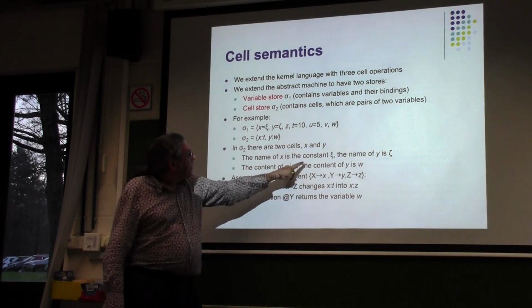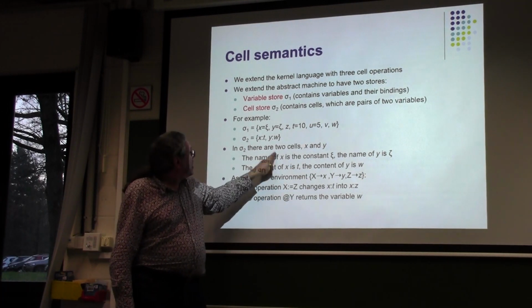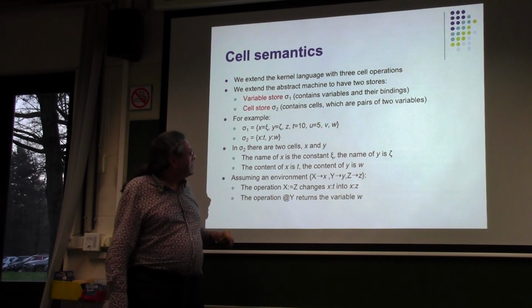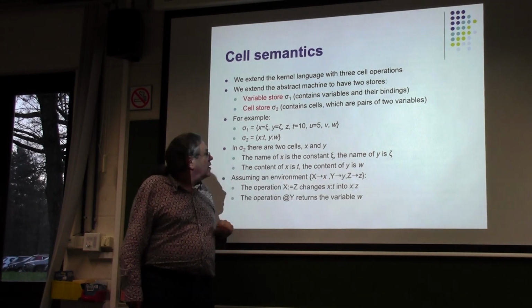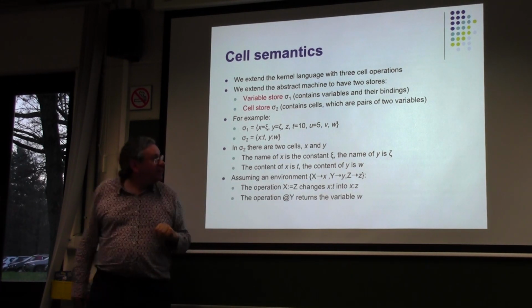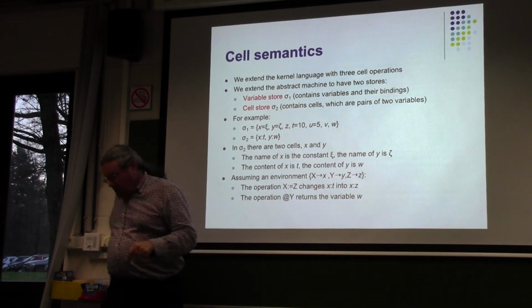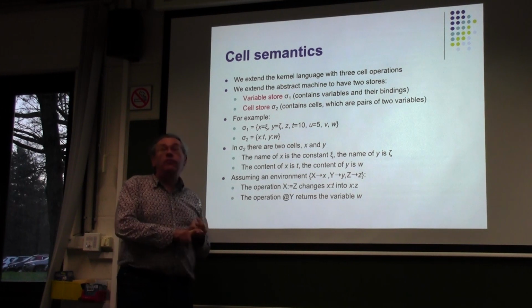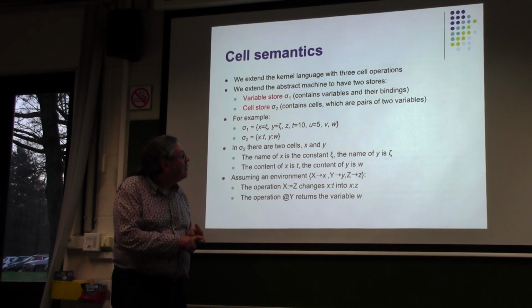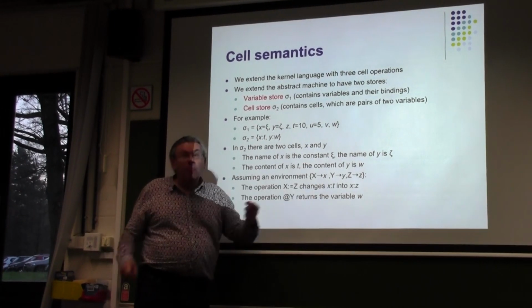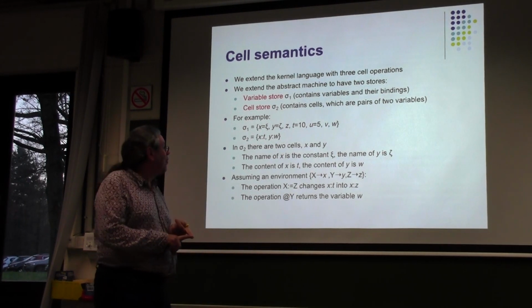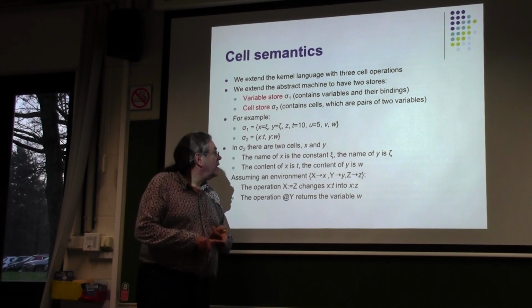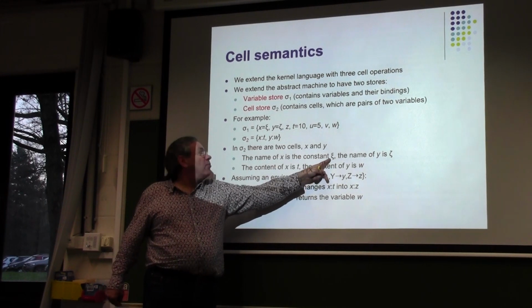And I will use small Greek letters. The name of x will be, see, this is a constant, and I give it this weird Greek name because the language already has other constants. It has numbers and atoms, which are also constants. But this is not a number, not an integer, a real number, floating point, and it's not an atom. In fact, you cannot print this constant.